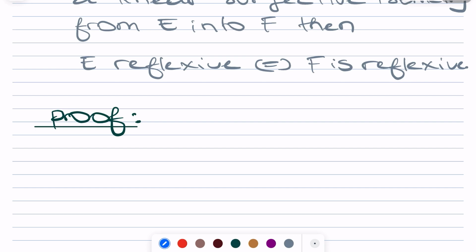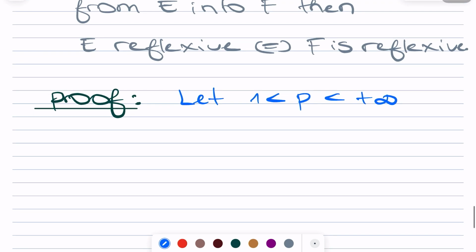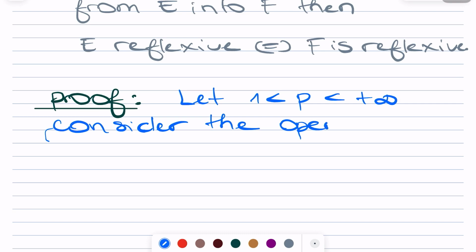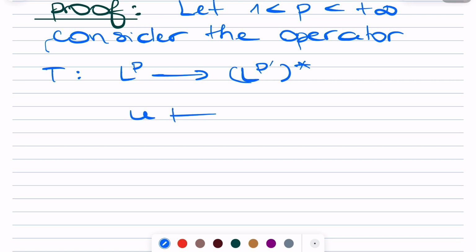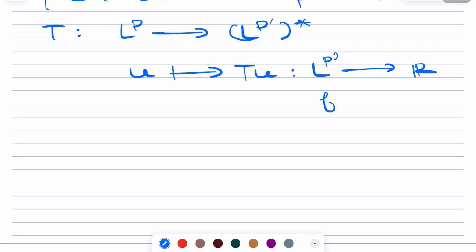So proof. Let first p between 1 plus infinity, and consider the operator, let's call it T, defined from LP into LP prime dual, which at u associates Tu, which is again a linear bounded functional from LP prime to R, which at any f associates the integral over omega of uf.